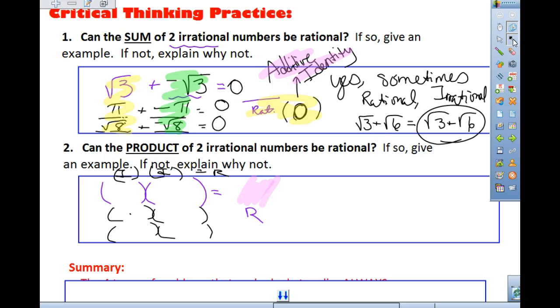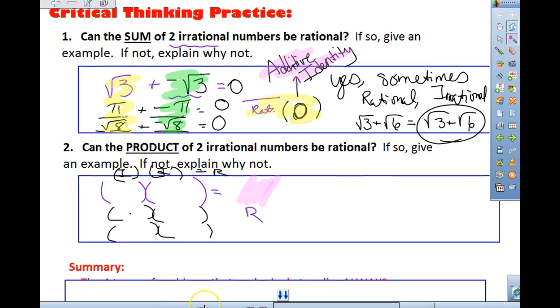I don't care if you want to start with our same irrational we started with before, our square root 3, our pi, our square root 8. Maybe you don't want to use pi. That's up to you. You don't have to use other irrationals.